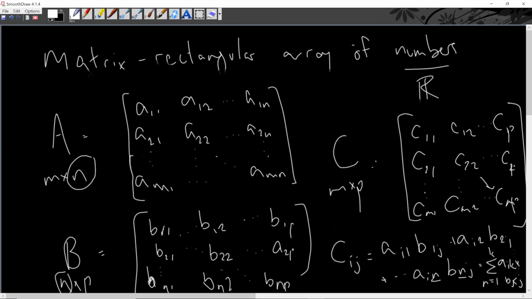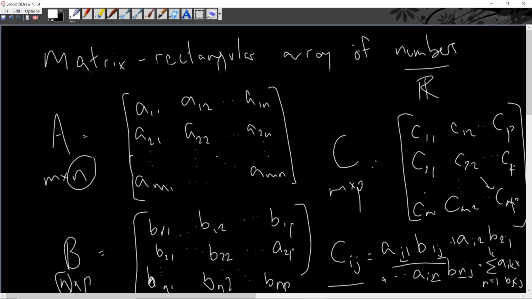This is just matrix multiplication. Every element Cij is just going to be the term by term multiplication of the ith row of A and the jth column of B. And you just sum these products to get to that Cij.